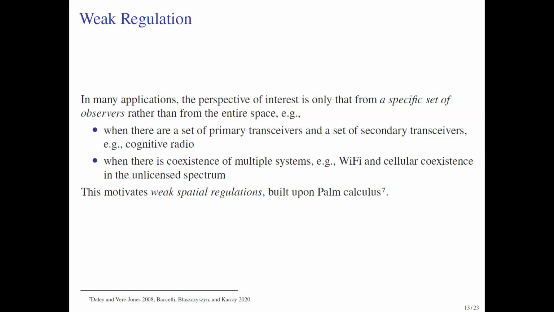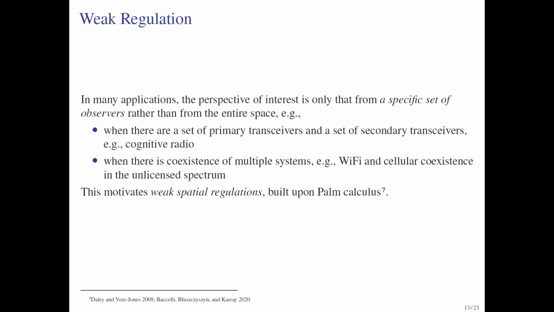For example, when there are two sets of transceivers, a set of primary transceivers and a set of secondary transceivers, for instance, in the concrete example of cognitive radio, we are interested in the performance of perhaps the primary set of transceivers, and they require different performance targets than the secondary transceivers.